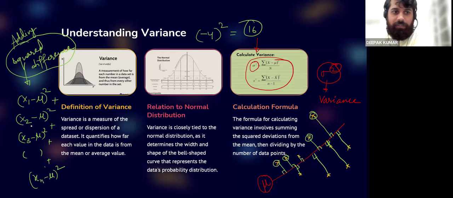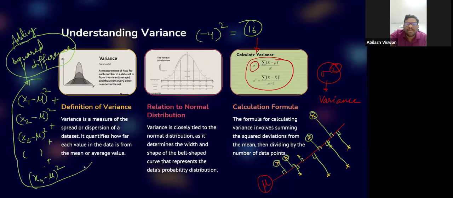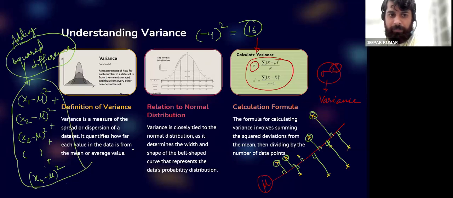So here the squared difference is taken and then added all together. After adding them, you are dividing that particular addition by the total number of data points.